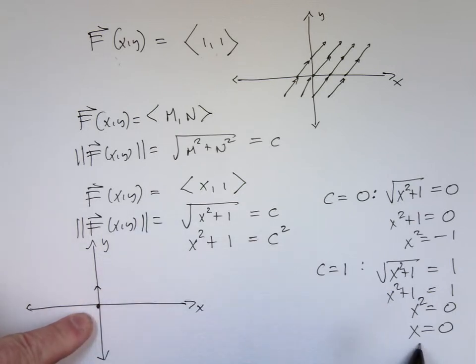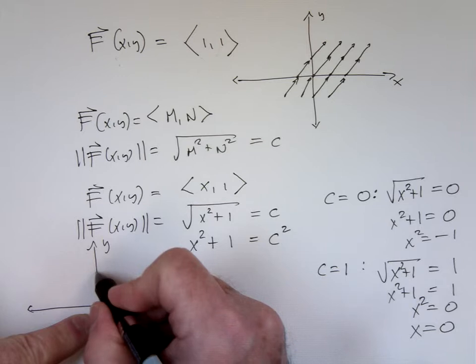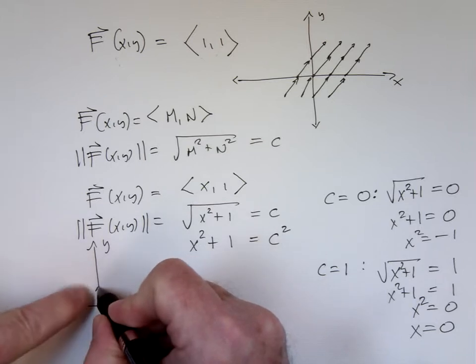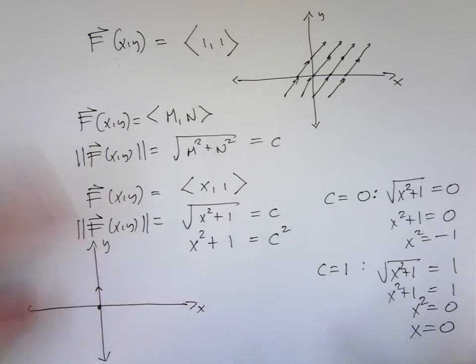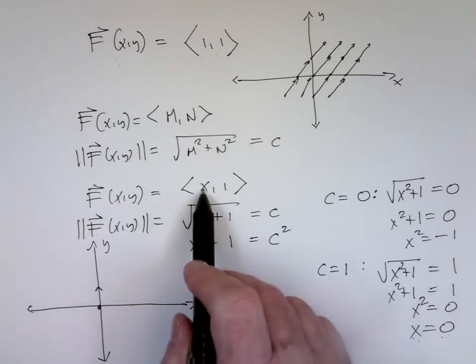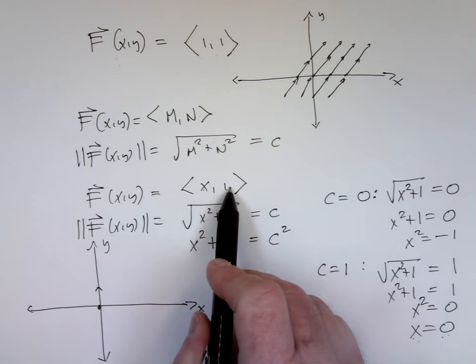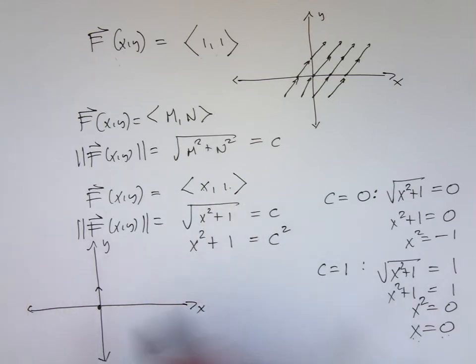When x is 1, x has to be 0. As long as x is 0, 0, 1 is our vector field, okay? So that's the one vector that has length 1. It's that one vector, and that's it.